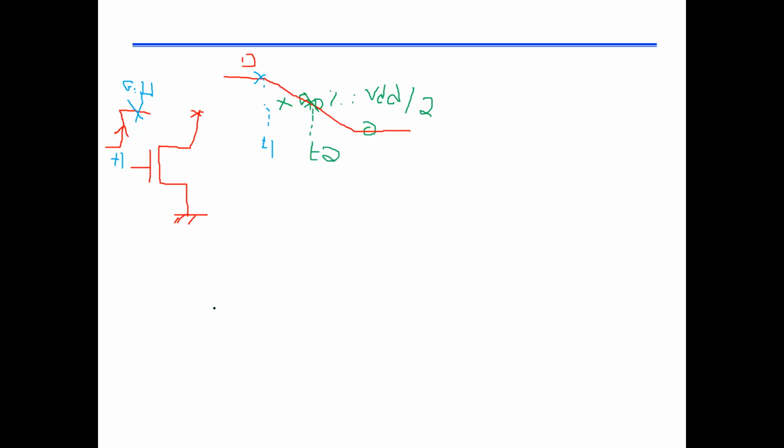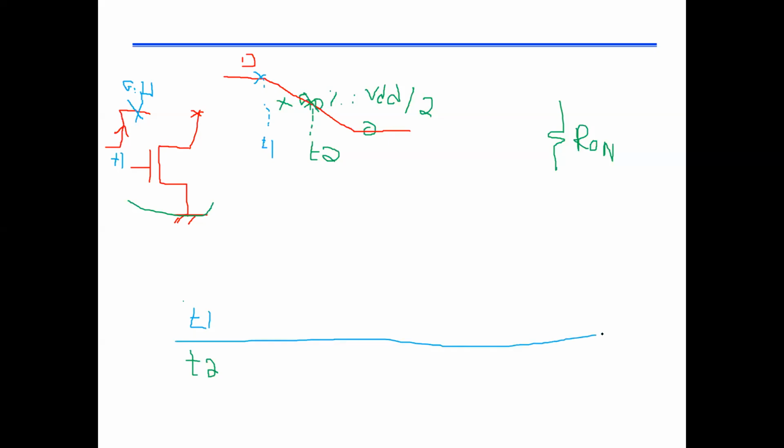If I want now to replace this transistor by an effective R-on, I have to compute it at 2 time points. The first is T1, which we now write in blue, and the second is T2.